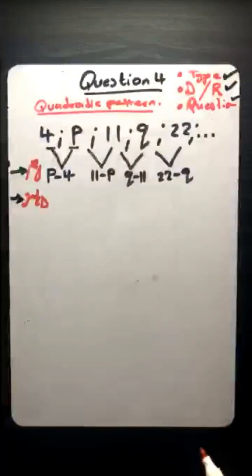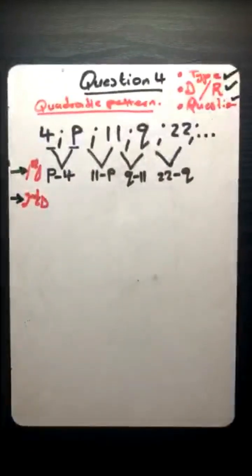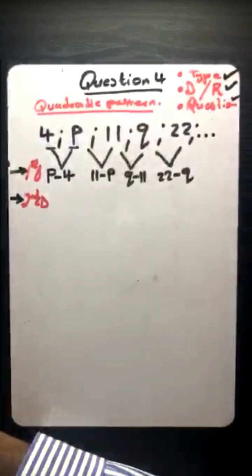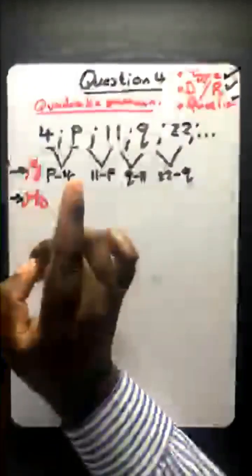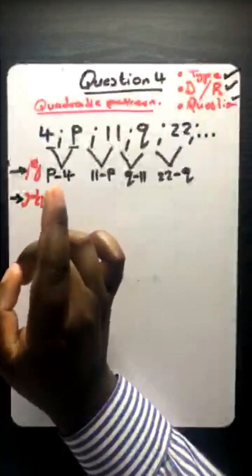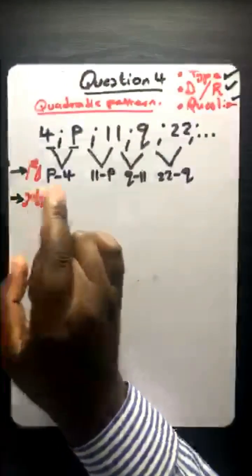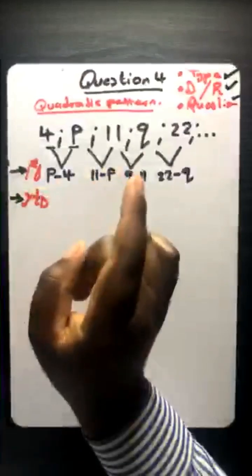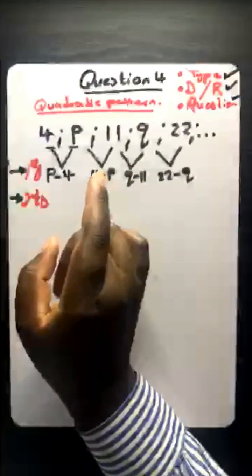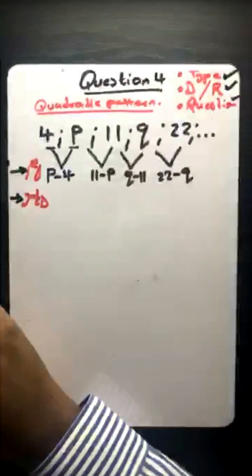I'm not sure if you guys read the statements, but let me start from where it started. Under question number 4, the quadratic number pattern, which is 4, P, 11, Q, and 22, has a constant second difference of 1.